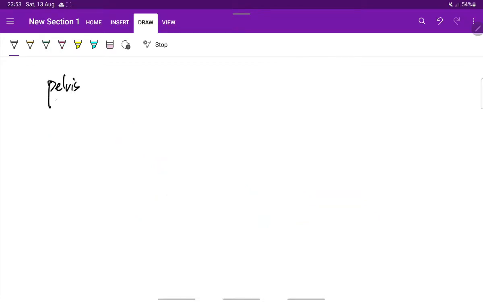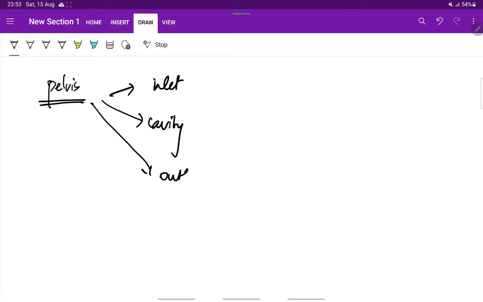The pelvis is divided into three parts: the pelvic inlet, the pelvic cavity, and the pelvic outlet.